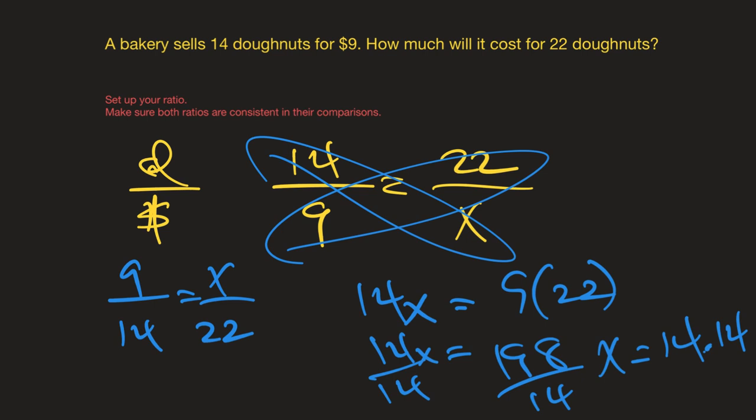Okay? But I think there's 3 of those, and I think one of the problems is a bakery problem. I tried to give you one that's very similar to what you're going to see on the assignment to kind of kickstart you there. A lot of these types of problems read the same. Guys, it's comparing 2 things. Here it's comparing donuts and money. Might be a map where they're comparing inches to miles.